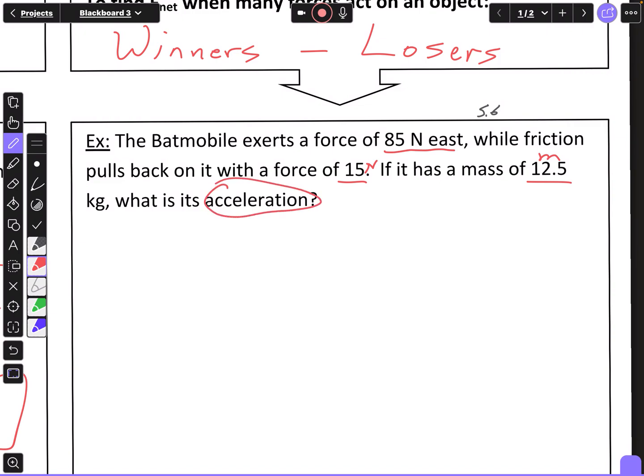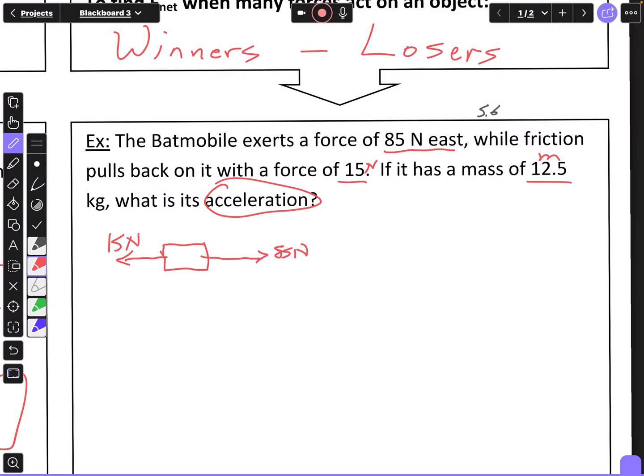Alright, so I'm going to draw what's called a free body diagram to show the forces. It's telling me that this way, I guess we could take it being east, there's 85 newtons of force. And then opposing it is 15 newtons. Now, if vectors are pointing in opposite directions, we subtract those.